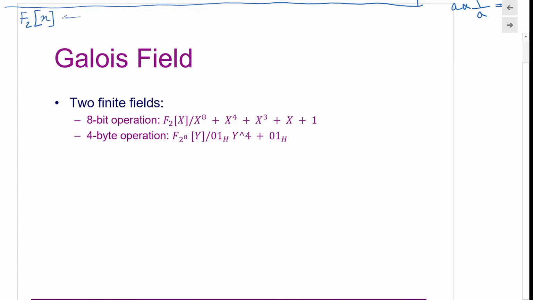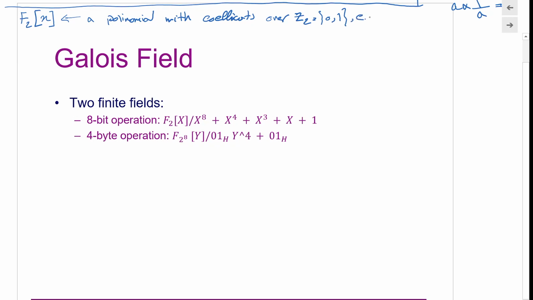So this means a polynomial with coefficients over Z2, and what is Z2? We can define it to be 0 and 1, right? In mod 2, the only remainders are 0 and 1.